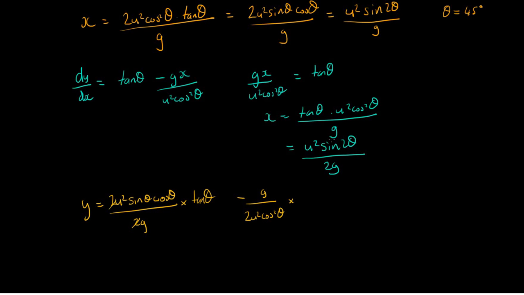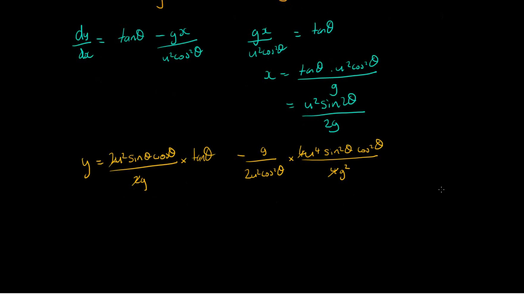Well, if this is x, then x squared is just a matter of taking the product of this, which is going to be u to the 4th power times sine squared theta cos squared theta, divided by 4g squared, squaring this term underneath. Actually, sine 2 theta is 2 sine theta cos theta, so we're going to have an extra 4 coming out the front if we square that too. Sorry for that. This 4 will cancel with this 4.